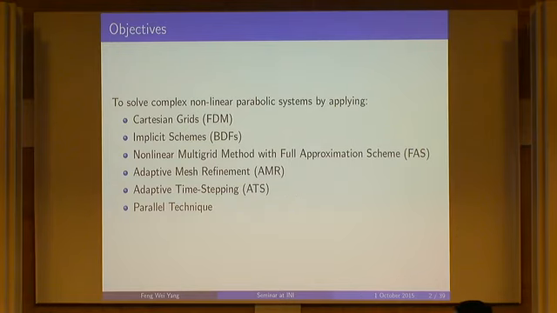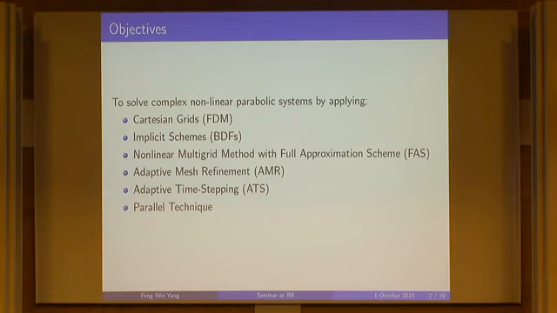Hence the implicit schemes; there is a family of methods called BDFs, backward differentiation formulas. If we do decide to use that, hence the third point: with explicit, we don't have anything to solve. It's just a simple update at each time step.